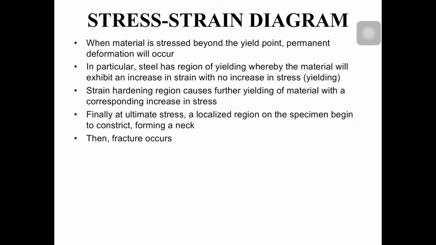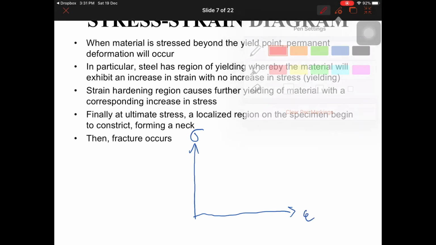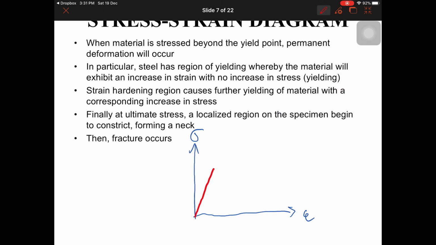Okay, stress strain diagram. When material is stressed beyond the yield point, permanent deformation will occur. Alright, I draw again. This is the stress strain diagram. So you have like this, and like that, and then like that. Remember, here is sigma yield, this one is sigma ultimate.